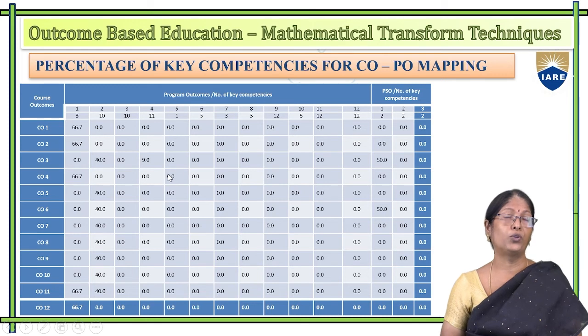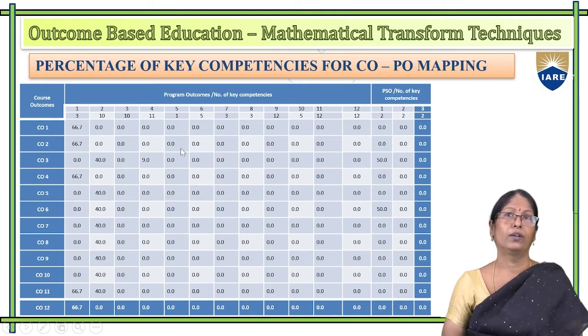Why are we doing this percentage calculation? Because in the CO-PO mapping, how each course outcome is connected to our program outcome should be specified. The weightage, that is the scaling, is to be done on a 3-point scale.